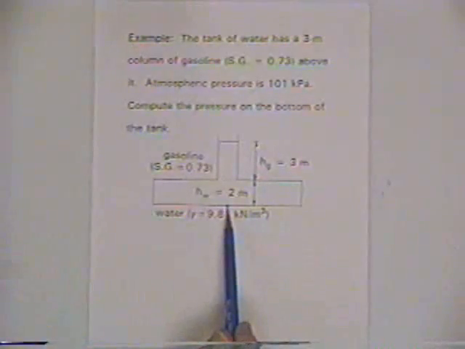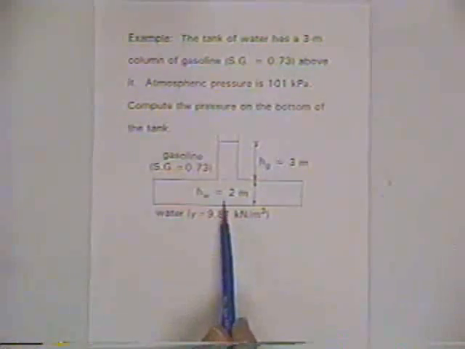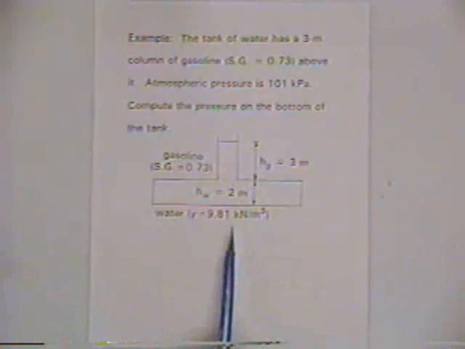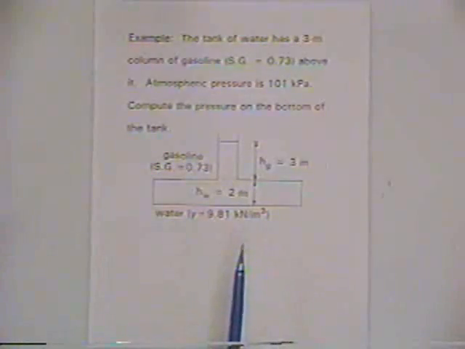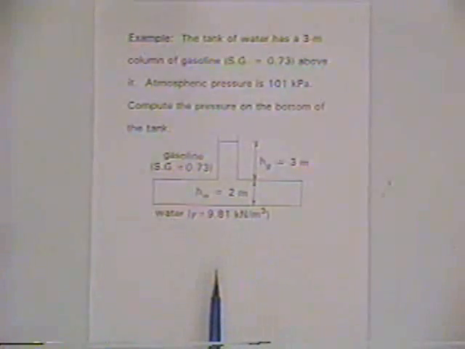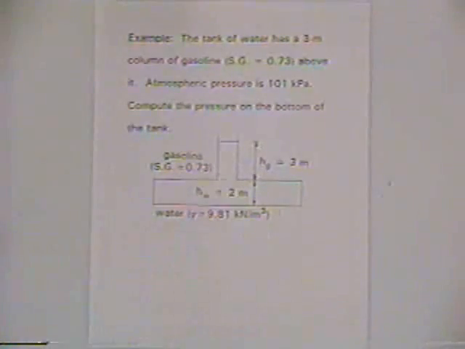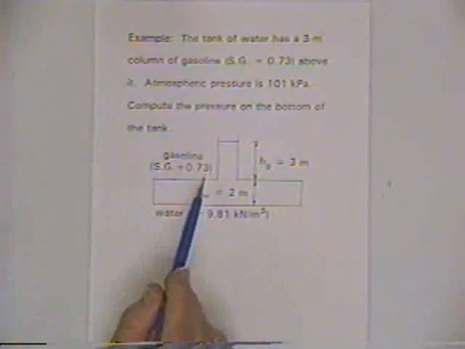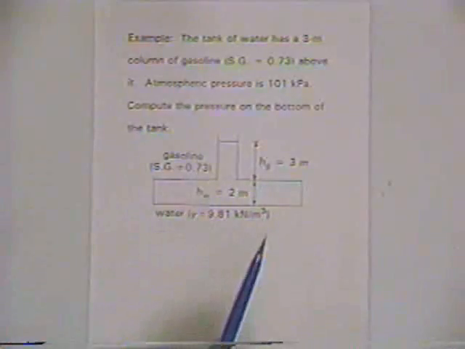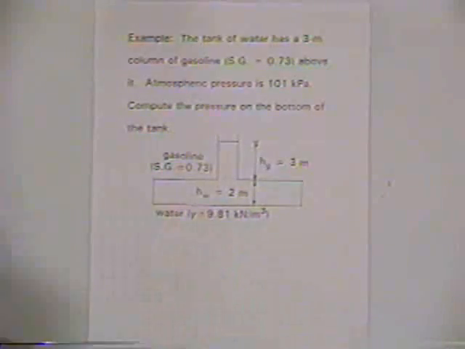We're interested right here on the bottom, what's the pressure? This point on the bottom is supporting a column of 2 meters at 9.81 kilonewtons per cubic meter unit weight, and then a column on top of that where the specific gravity is given as 0.73, so we multiply the specific gravity times the unit weight to get the unit weight of the liquid on top there. Then we can plug in the numbers and do that.